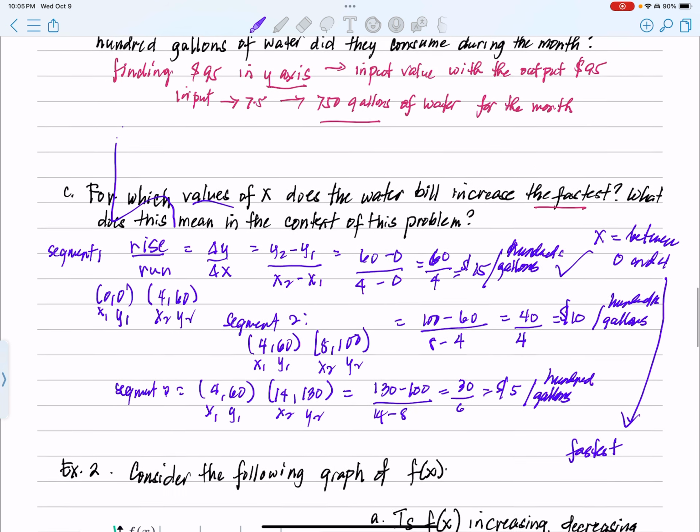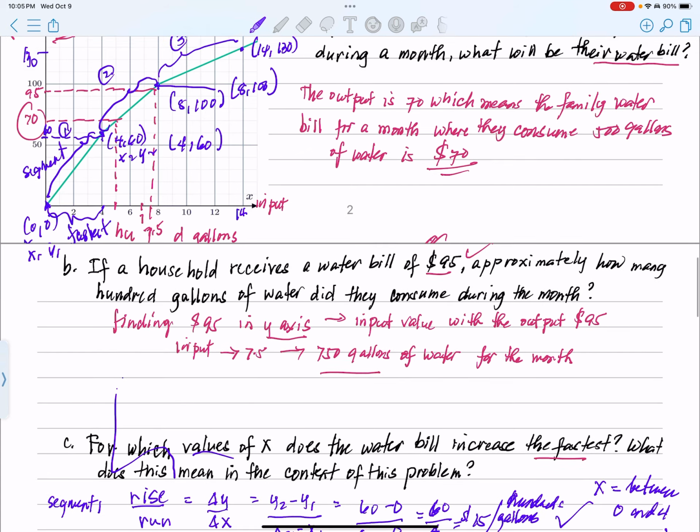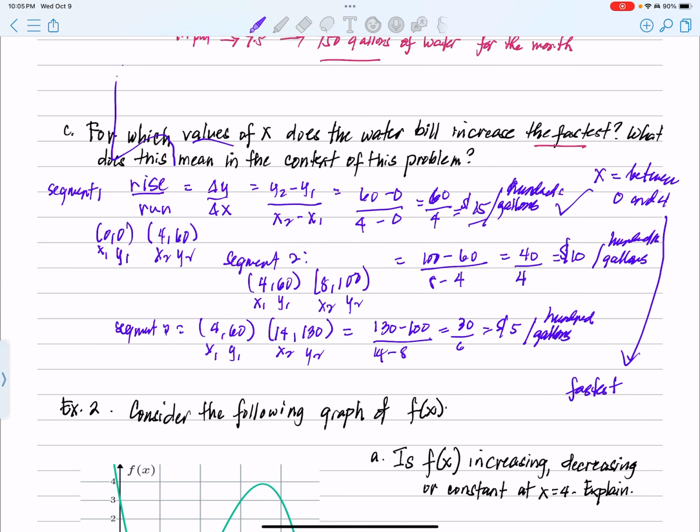Let's go back to the graph, from 0 right here to 4. Because what do we have? 15, 10, and 5. Which one is giving you $15 per 100 gallons? That means the first segment is giving you the fastest increase in the context of this problem. Okay.